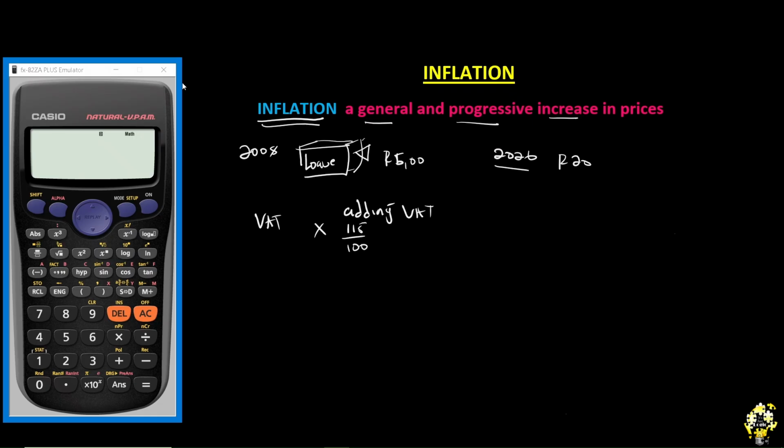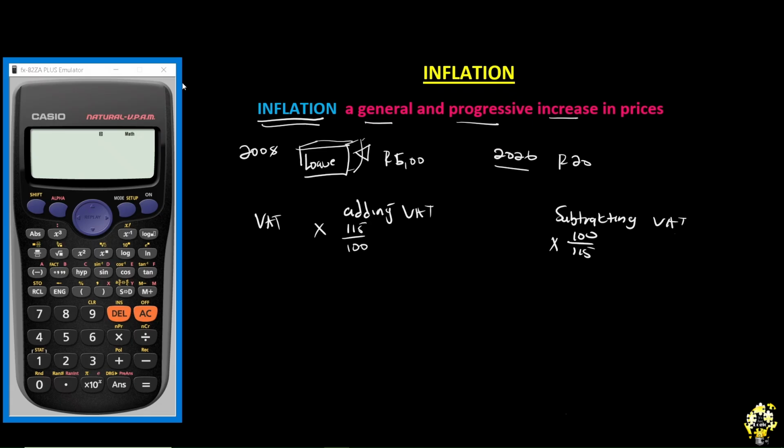If you are subtracting or taking out VAT, you are supposed to multiply that particular price which already has VAT by 100 over 115.